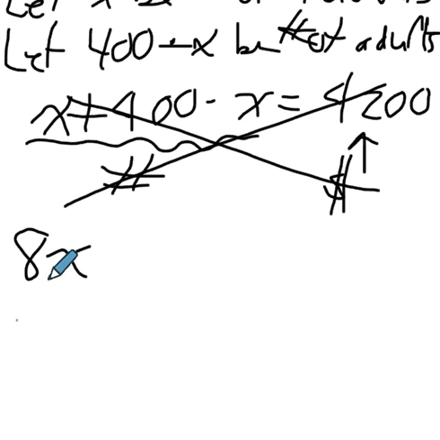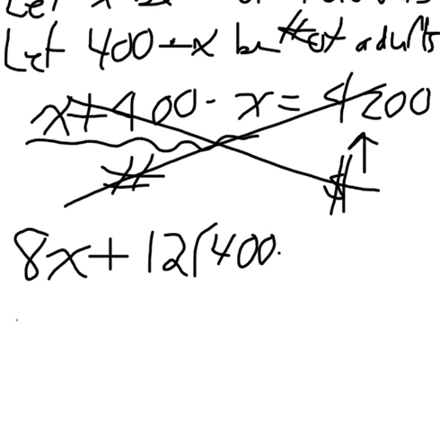Now, adult tickets are $12. Remember, I have to use brackets because that whole thing, 400 minus X, is the number of adults. Okay, so that equals $4,200.